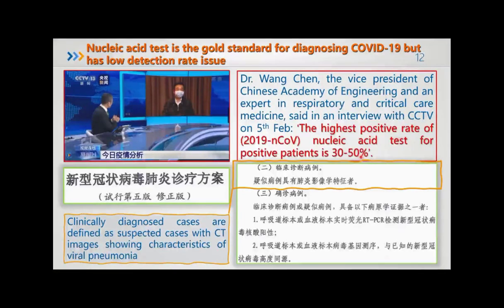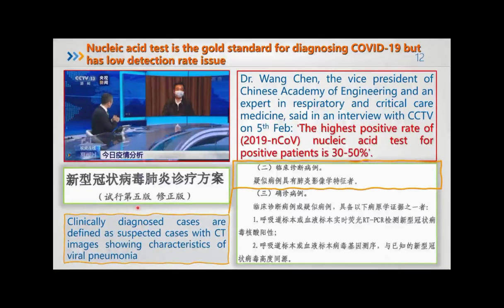So the Diagnosis and Treatment Program of 2019 new coronavirus pneumonia, the trial fifth version, now is the 7th edition. Now the 7th edition has been released. This is the 5th version by the National Health and Medical Commission of China in 2020.